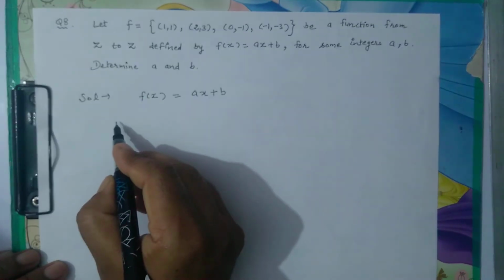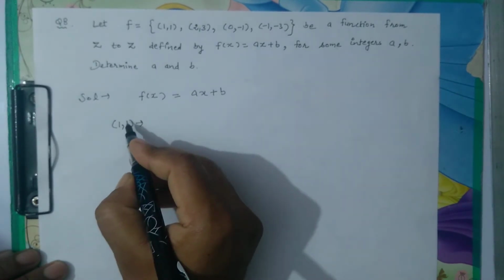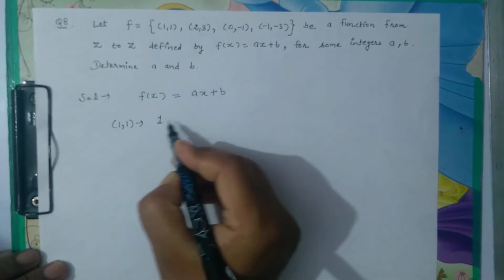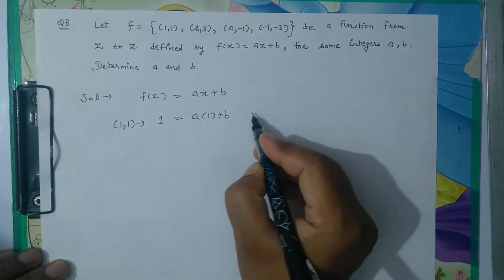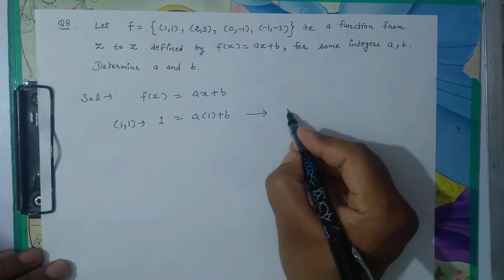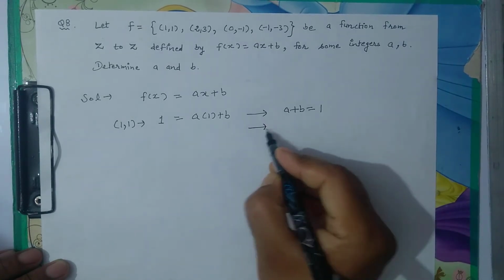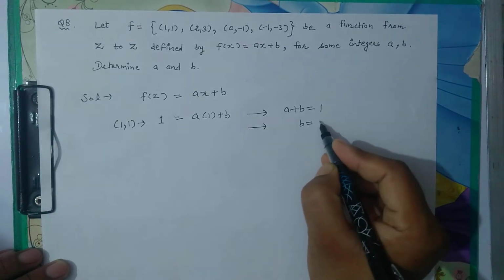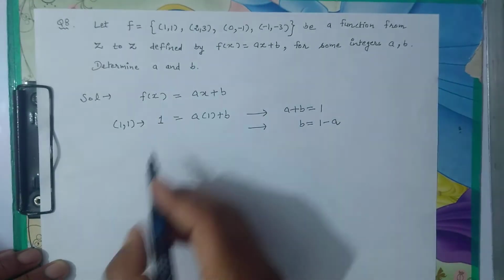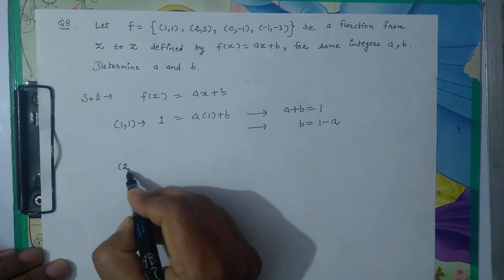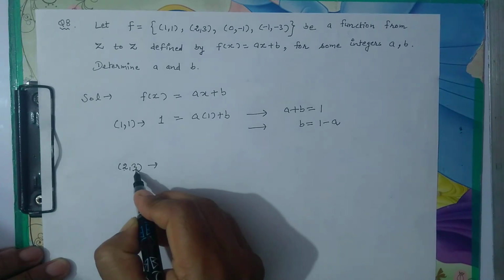So what is first ordered pair? First ordered pair mean 1 comma 1. That means 1 is equal to a into 1 plus b. So what we can say here, a plus b is equal to 1, or we can say b is equal to 1 minus a. What is second ordered pair? 2 comma 3. It means x is 2, y is 3.